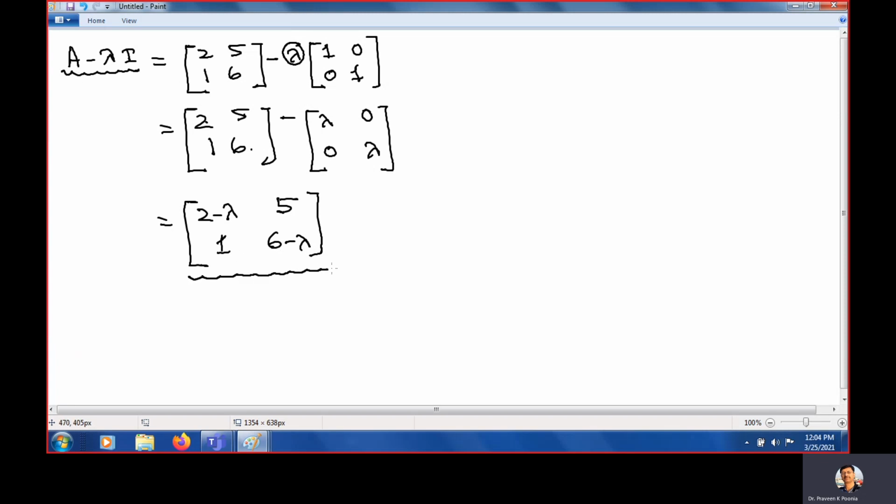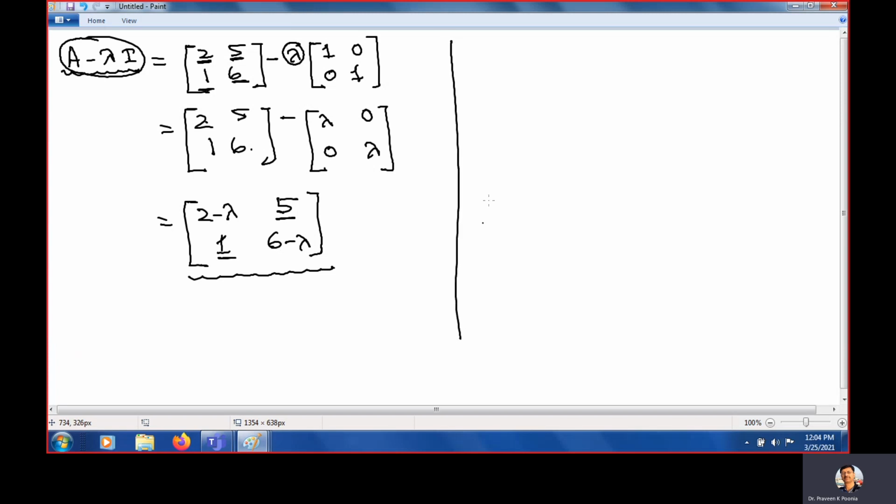And how are we getting it? You can see here is 5, no problem in 5. Here is 1, no problem in 1. Only in A minus lambda I, we are getting minus lambda here and minus lambda here. Clear?